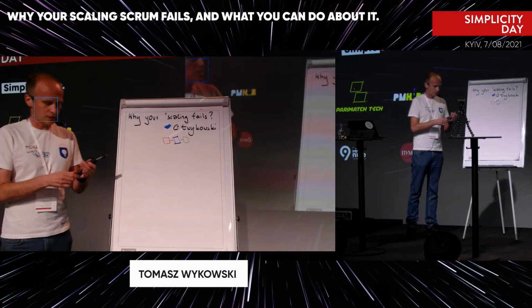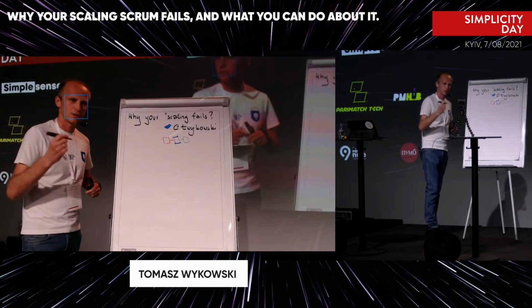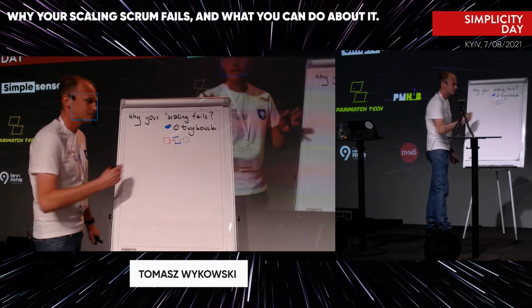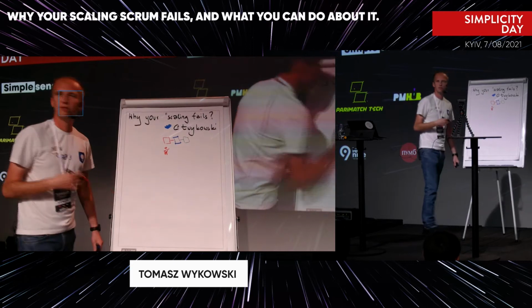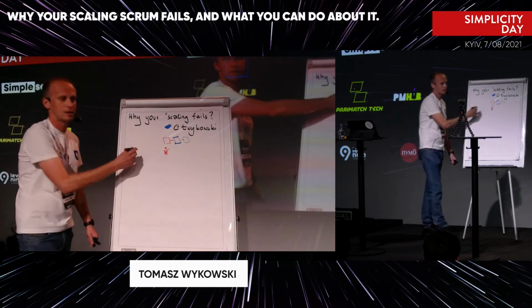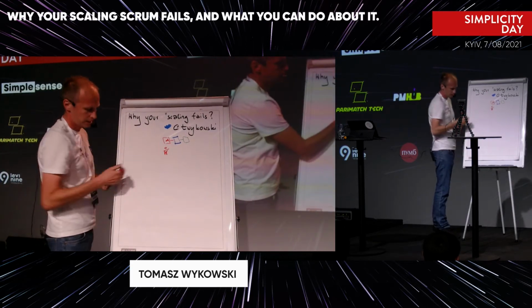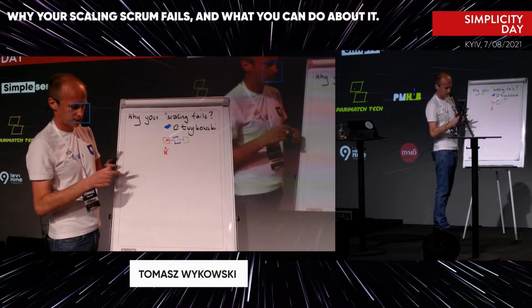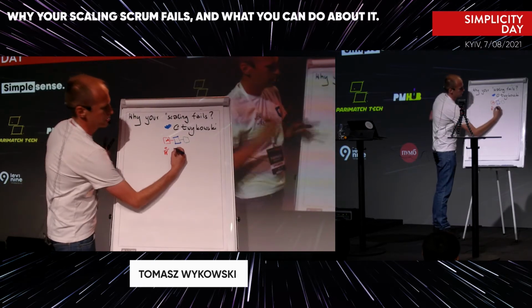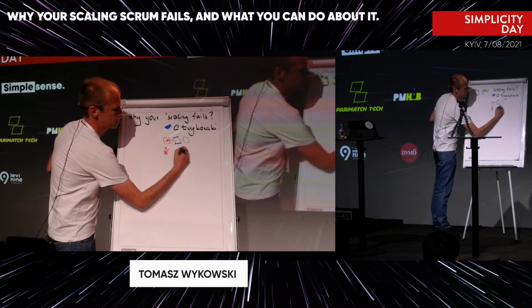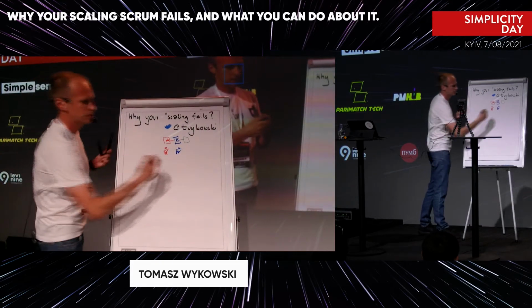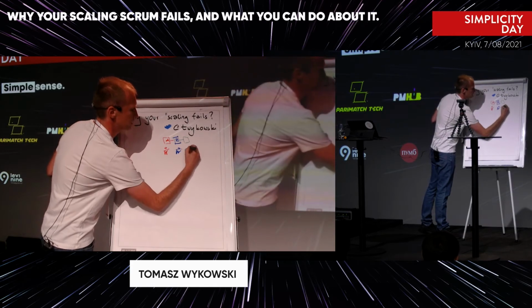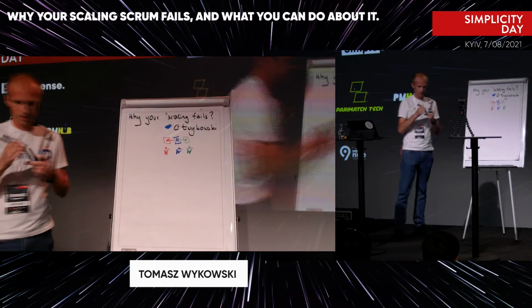I'm going to draw just one person per component, to keep it simple. I have one developer specializing in component A, a second developer specializing in component B, and a third developer specializing in component C. That's not the scale yet.